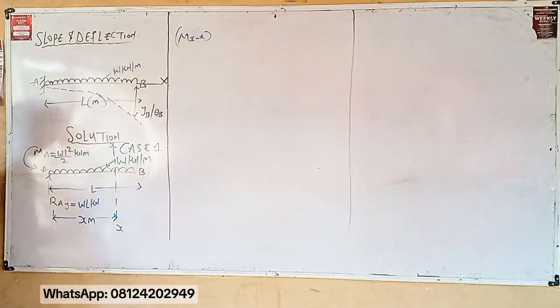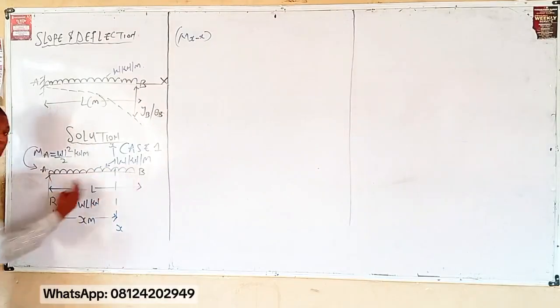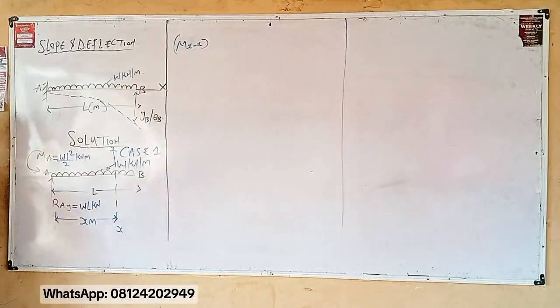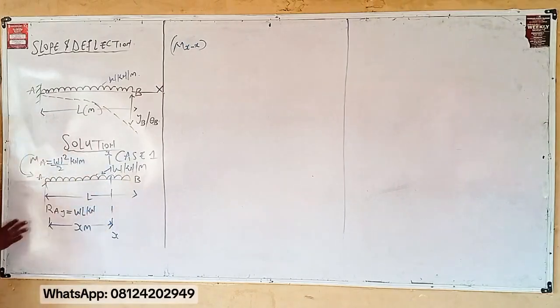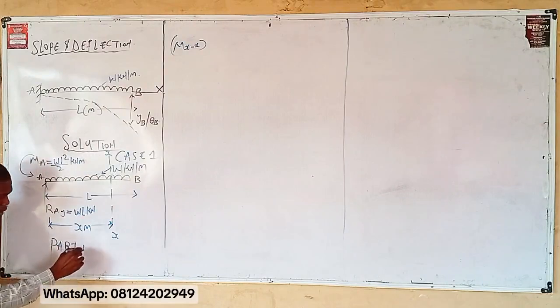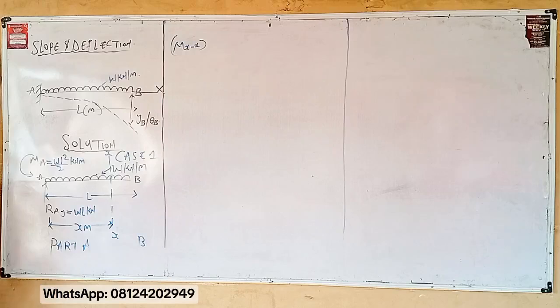Now listen, just listen. We've sectioned. The idea of section is that you are separating your beam, you are splitting it. Let's say you've split this beam. You have this part, call this part A, and this one, call this part B. Now check part A. What will you be left with?